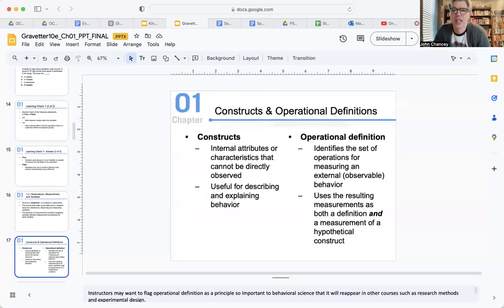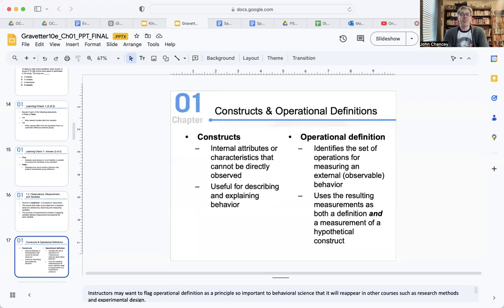Okay, some more table setting terms: constructs and operational definitions. Constructs are the attributes or characteristics that cannot be observed directly. These are used for describing and explaining behavior. And then operational definitions are ways that we decide to operationally define a particular variable, for example, when we want to measure that variable for research, and we use that in terms of making measurement and a definition for this kind of hypothetical construct.